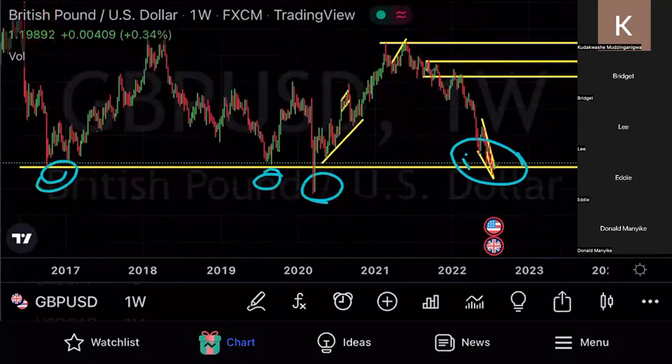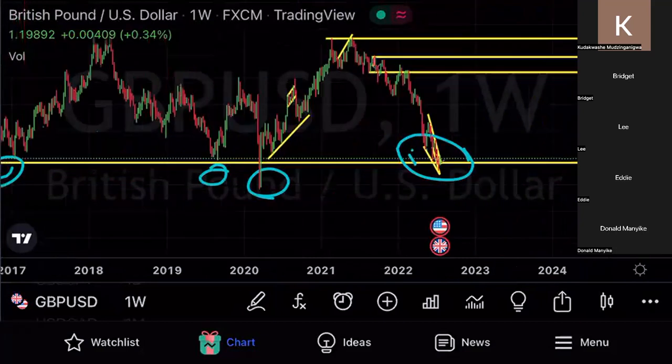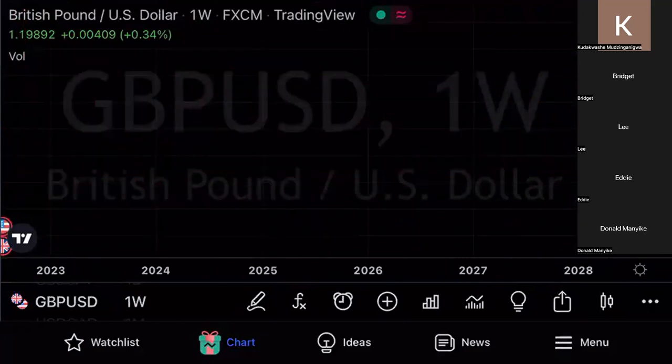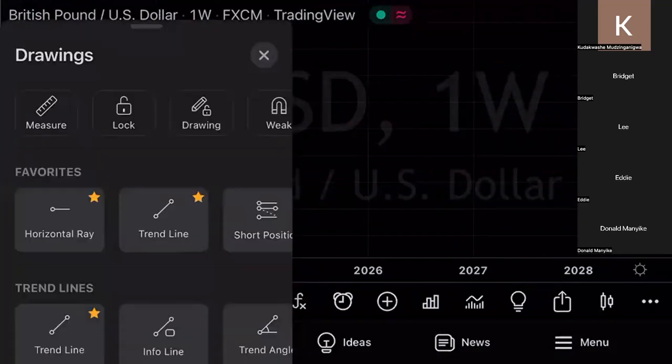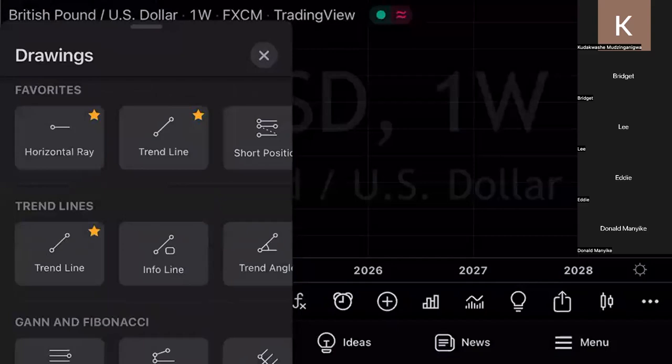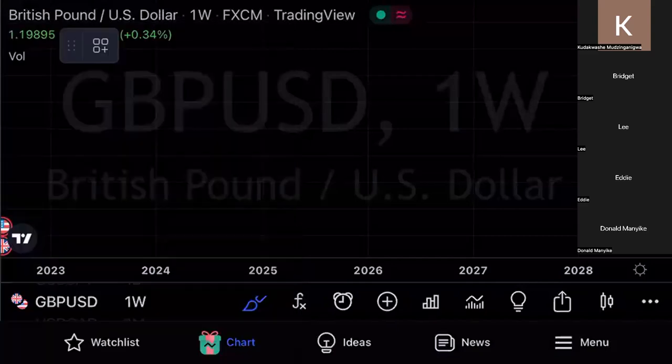Okay, I want to show you something that is very important, guys. It's not just about price being at one area of value, but the nature in which we approach the area of value.